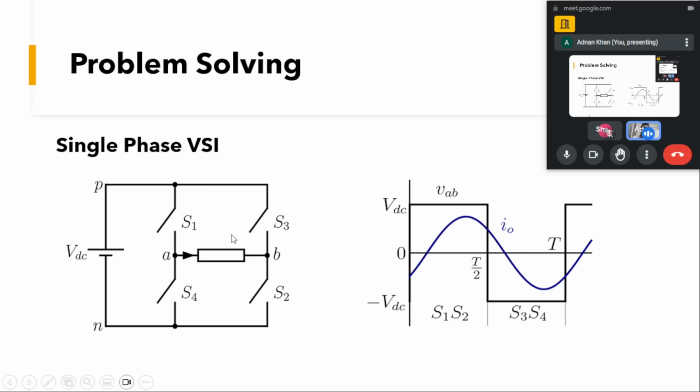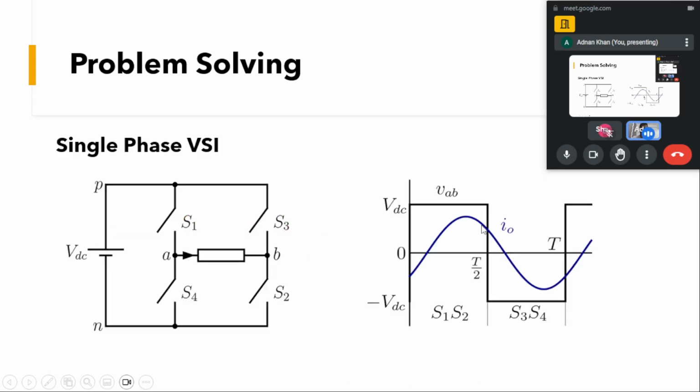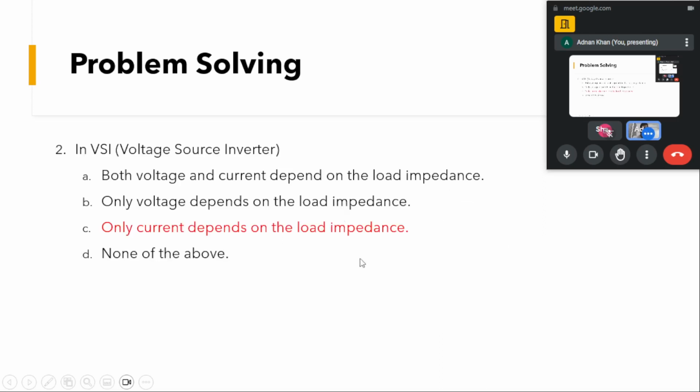That means here you saw, depending upon this load, our current waveform shapes are getting changed. Our current depends upon the load impedance, not the voltage. Here we saw that voltage is stiff and doesn't depend upon the load. Howsoever the load may be, the voltage will have the same square shape. But our current depends upon the load.